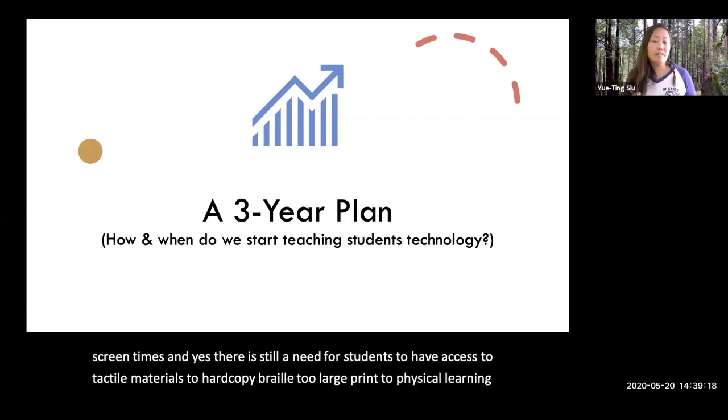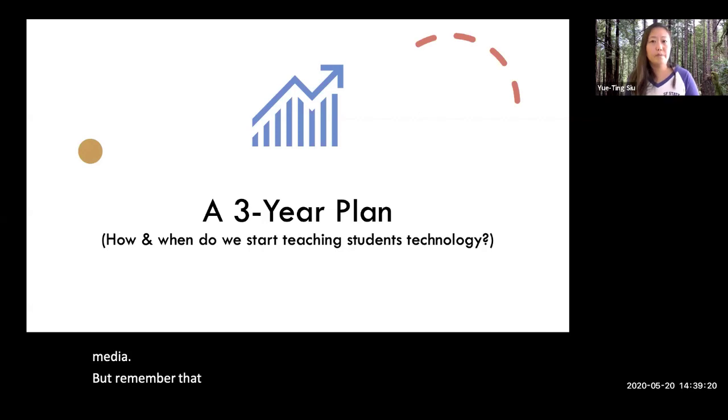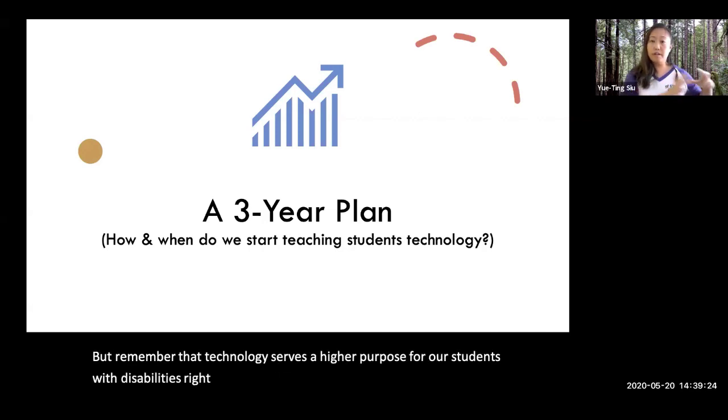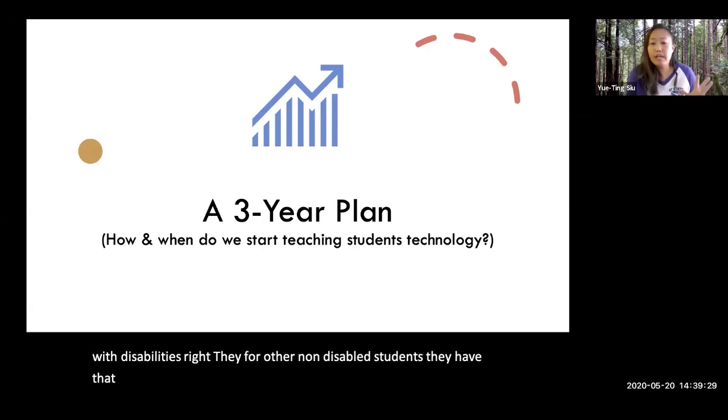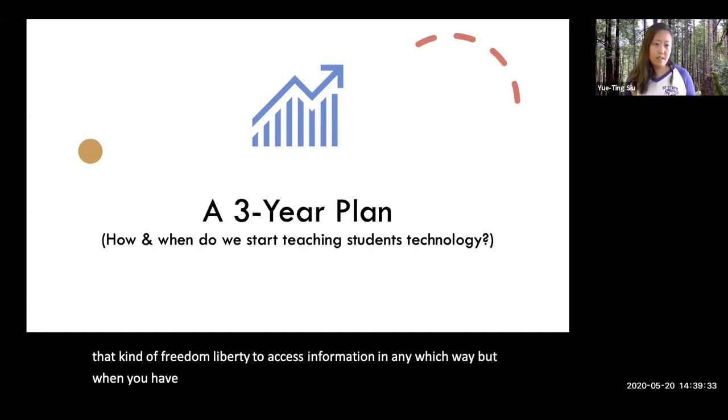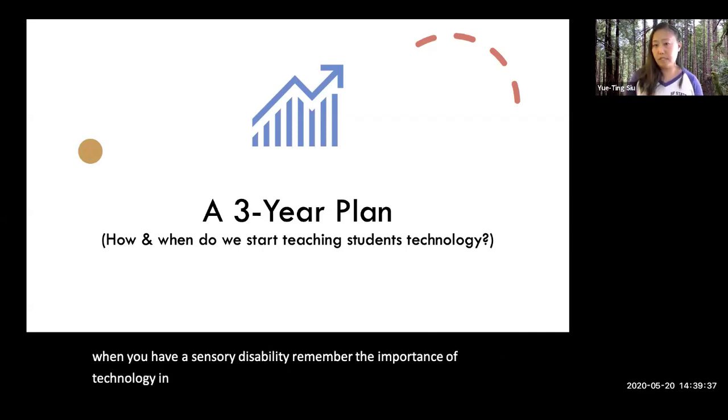But remember that technology serves a higher purpose for our students with disabilities, right? Like for other non-disabled students, they have that kind of freedom and liberty to access information in any which way. But when you have a sensory disability, remember the importance of technology in mediating one's access to information.